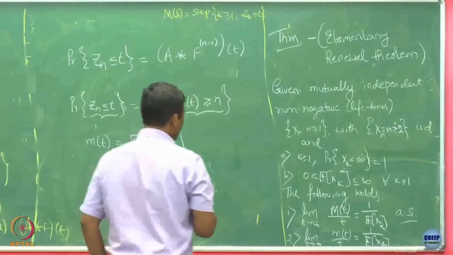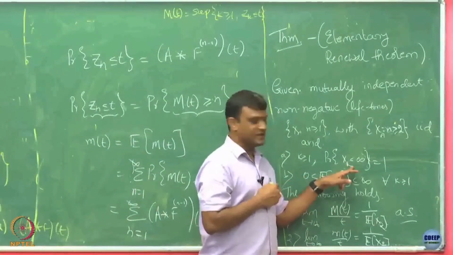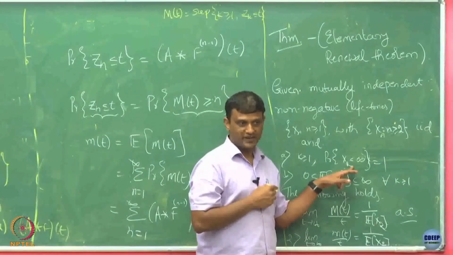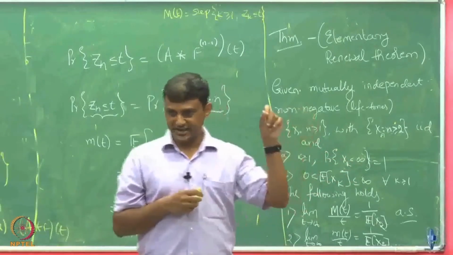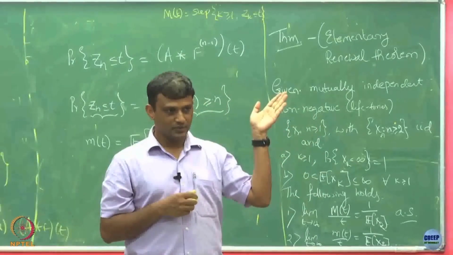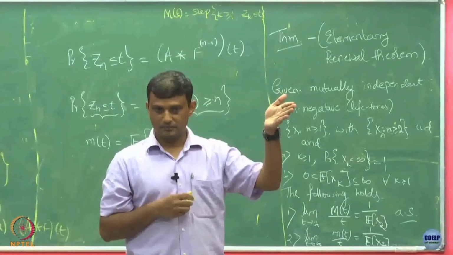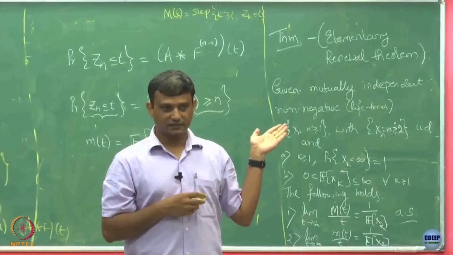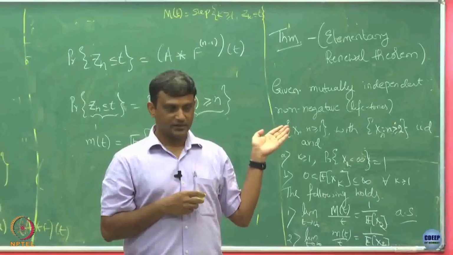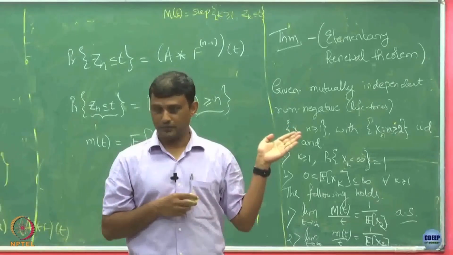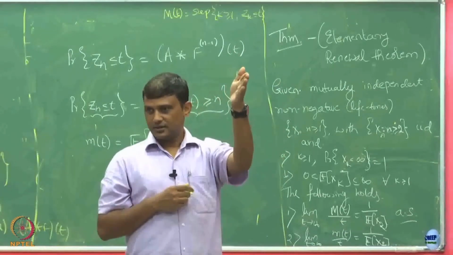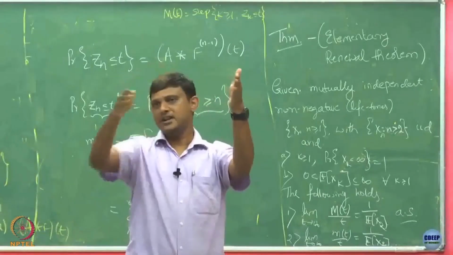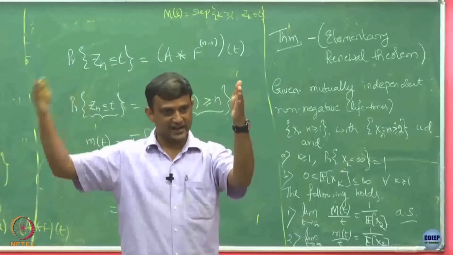See that for k greater than or equal to 1, we are assuming that the probability of Xk being less than infinity is 1. That means I am going to hit state j, whatever state I start from, in some finite time, right? That is why the probability of X1 being less than infinity happens with probability 1. So at some point I am sure to hit state j, and after that I am looking at coming back to state j again and again.